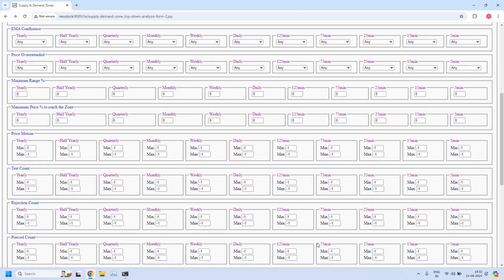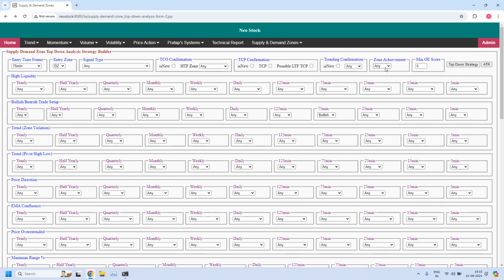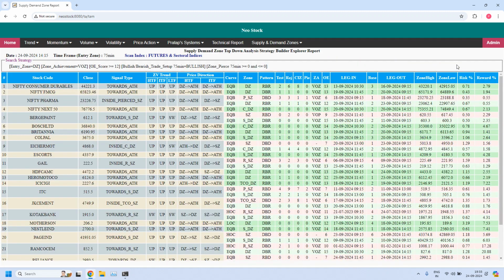So in the 75 minutes time frame, minimum value should be 0, maximum value should be 0, zone achievement should be violated opposing zone, and minimum odd enhancer score should be 12. All the three filters are applied to 75 minutes demand zone. Now let's verify. So this is the filtered list.